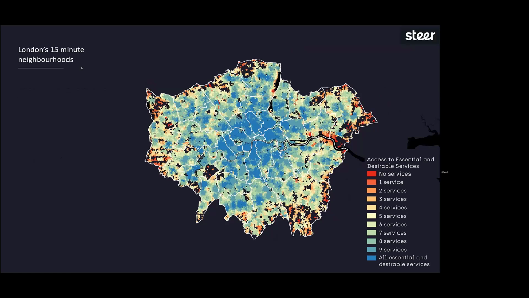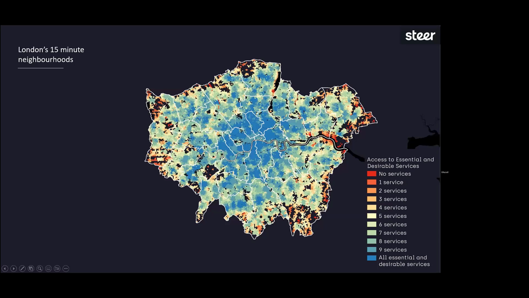And straight away we can start to see some interesting things. The very centre of London, which people just automatically assume would have access to everything, actually doesn't have access to all the services we assessed.